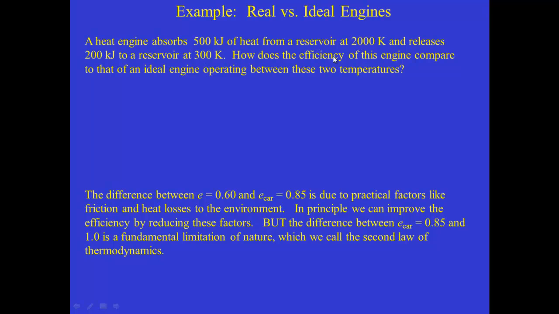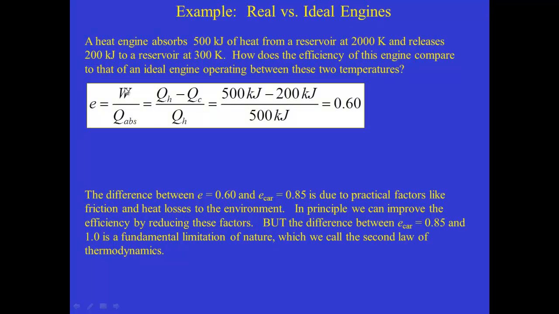So we've got a high temperature and a low temperature reservoir. Heat is absorbed from the high temperature reservoir, and some of it is released to the low temperature reservoir. How does the efficiency of this engine, which is an example of a real engine, compare to an ideal engine? The best possible efficiency you could have for an engine operating between 2000 and 300 Kelvin. So it's a very simple calculation.